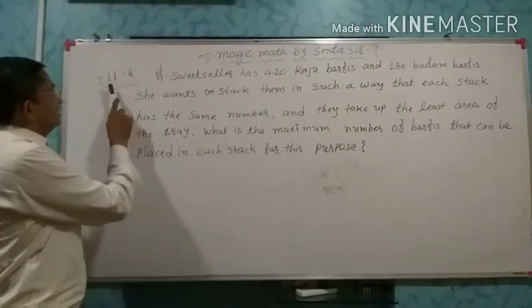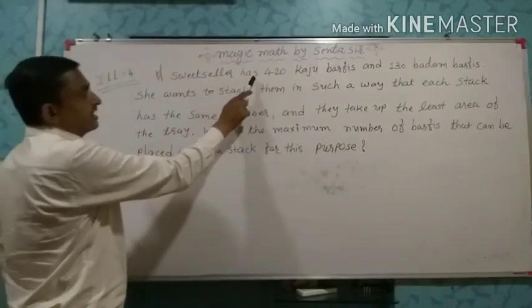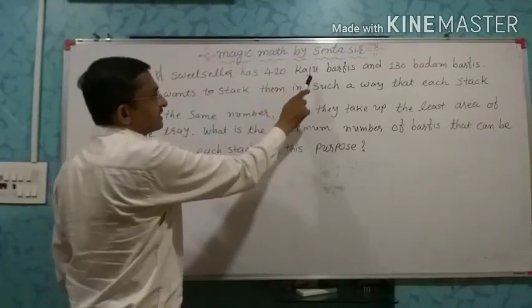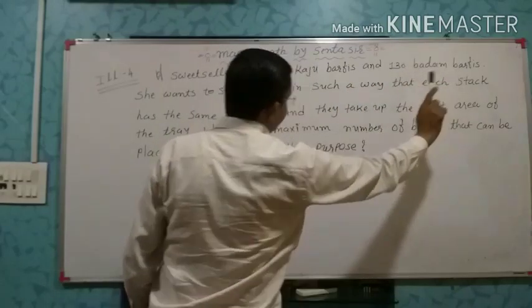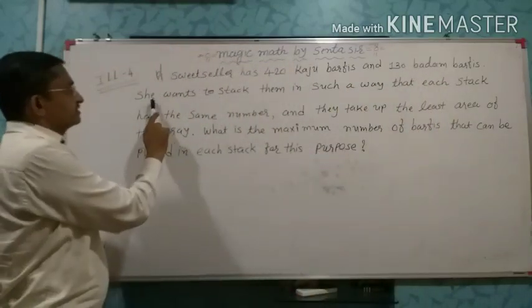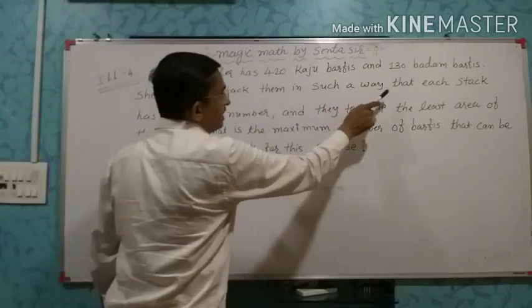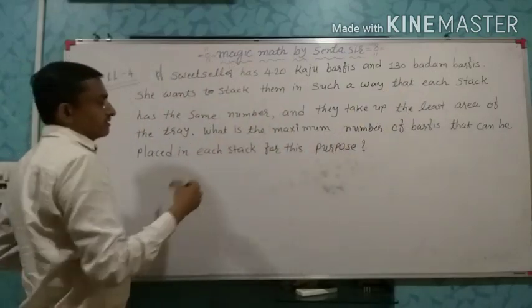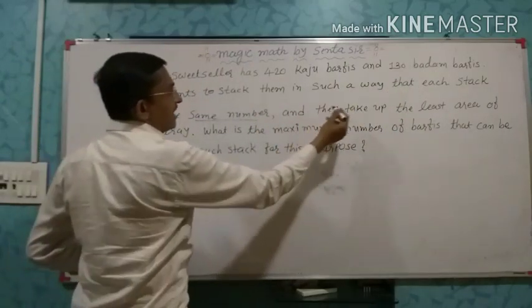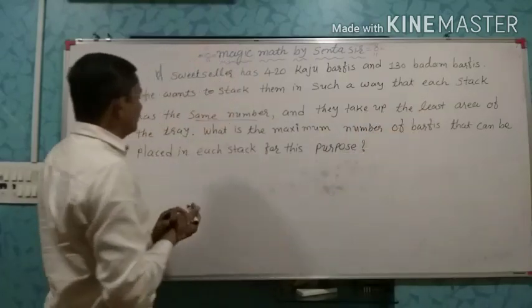Friends, let us see illustration 4. A sweet seller has 420 Kaju burfis and 130 Badam burfis. She wants to stack them in such a way that each stack has the same number and they take up the least area of the tray.